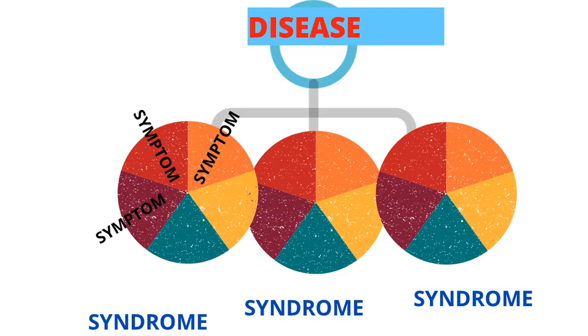To differentiate what is syndrome, what is disease and symptoms, I made for you this graph. This graph demonstrates disease, and as you see here, each disease can contain different kinds of syndromes, and each syndrome consists of symptoms.